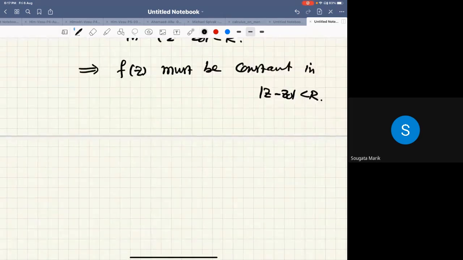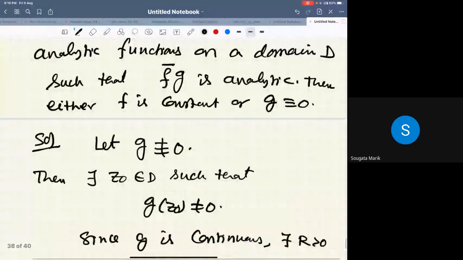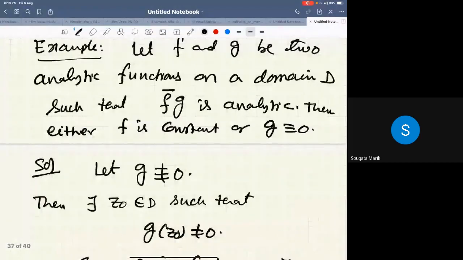Okay. Thank you. So by identity theorem, f is a constant function in D. So what we assumed is that g is not identically equal to 0.